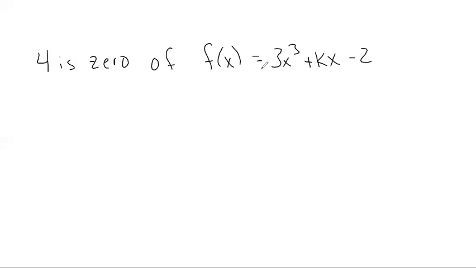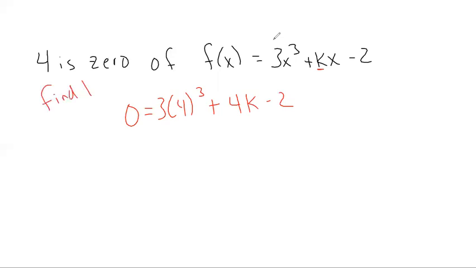Well, if it's a zero, then you know that f of 4 is 0, that x is equal to 4. You've got to find what k is. That's the whole objective here, is finding k.